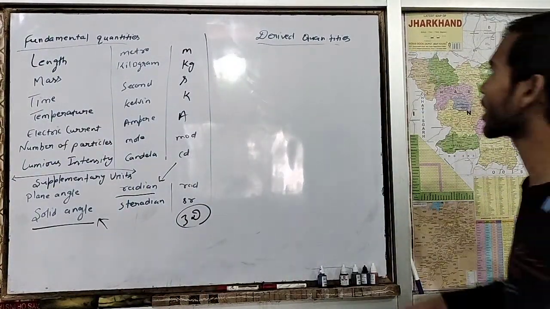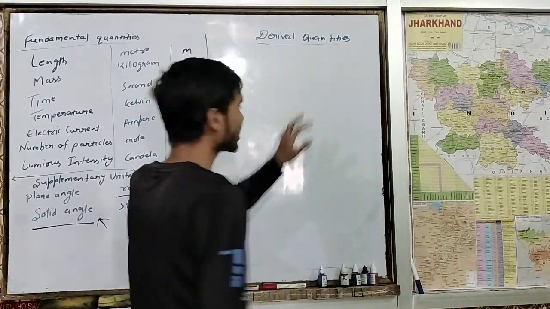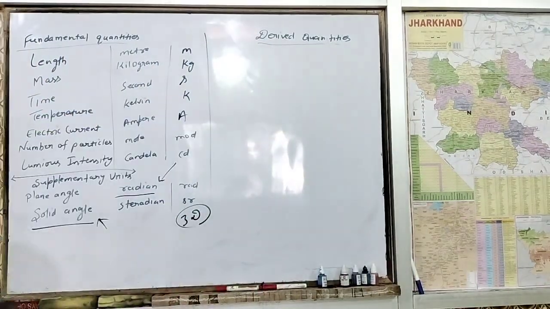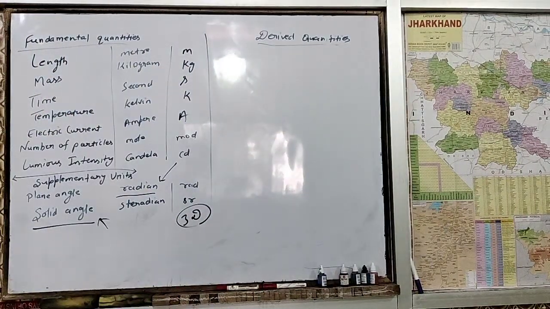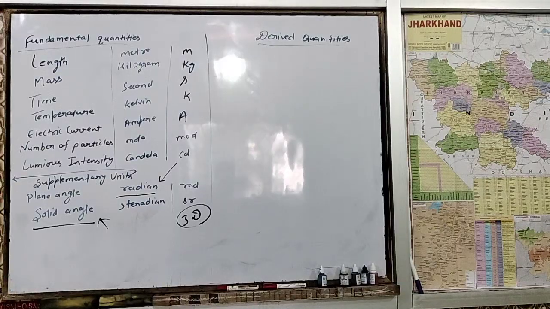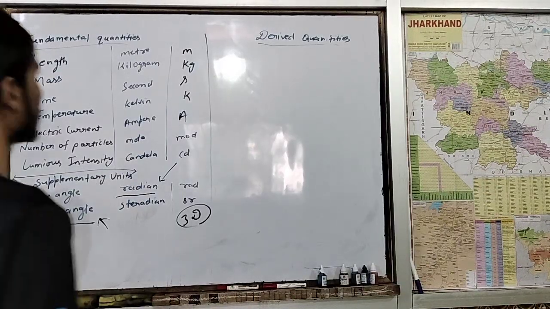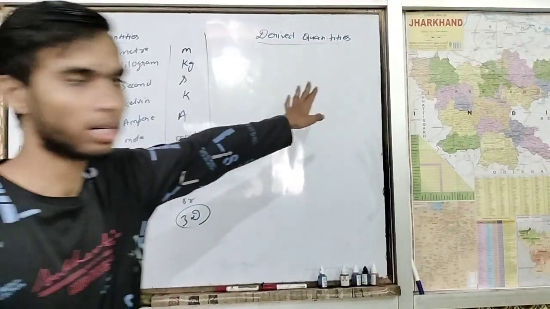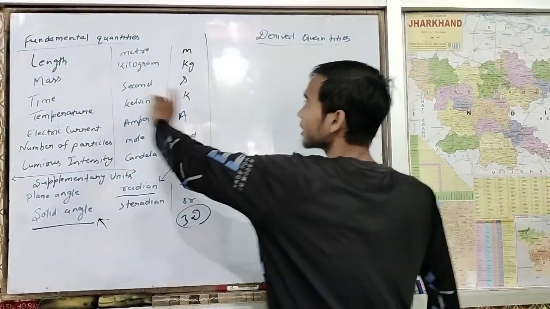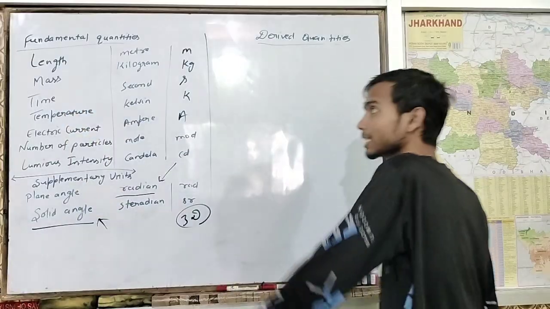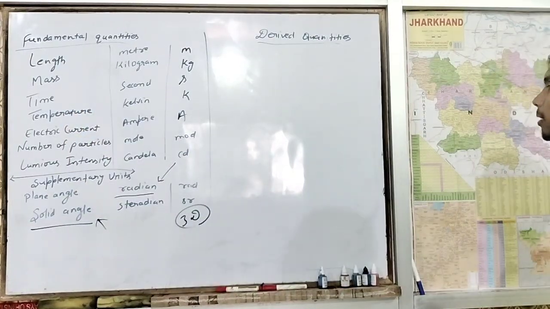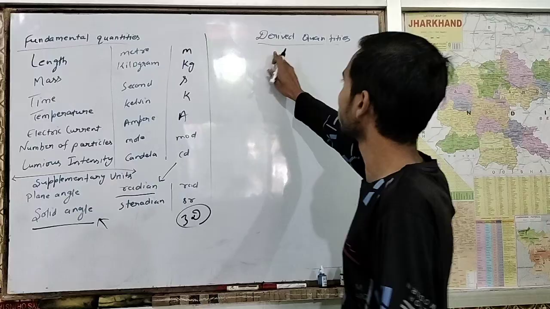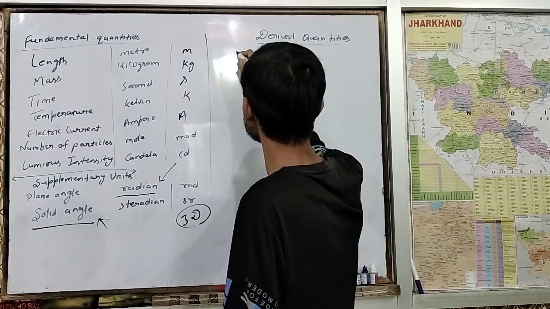I am talking about derived quantities. You know that this depends on what? It depends on fundamental quantities. So remember, we cannot say that length is a derived quantity. No. It is independent, not dependent.